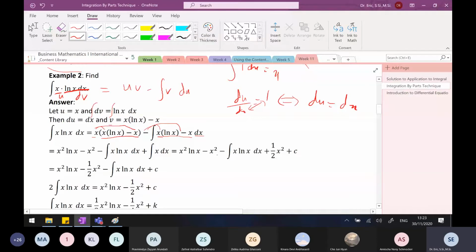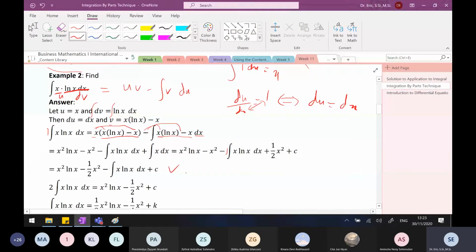What is integral x dx? This is a half times x squared plus a constant. I want to tidy it up a bit.